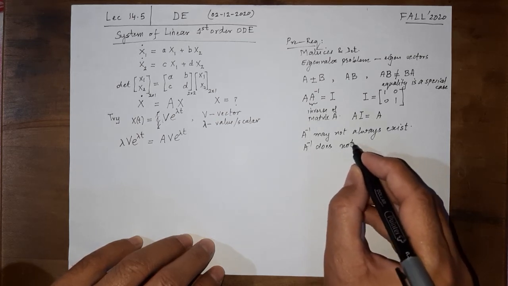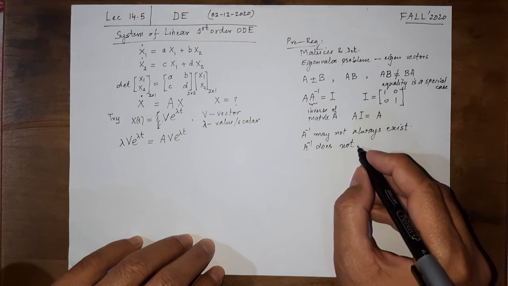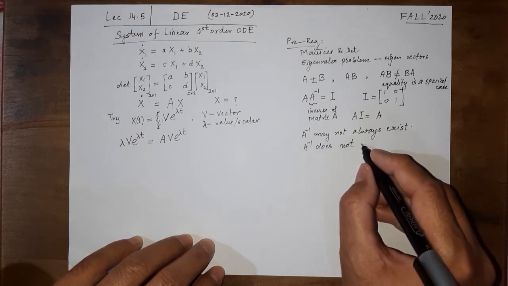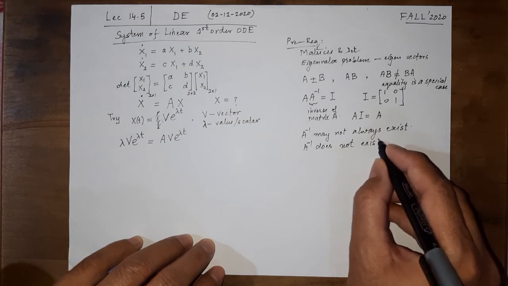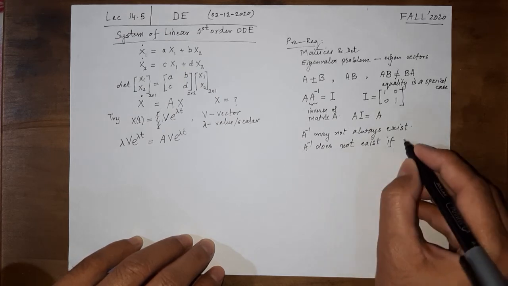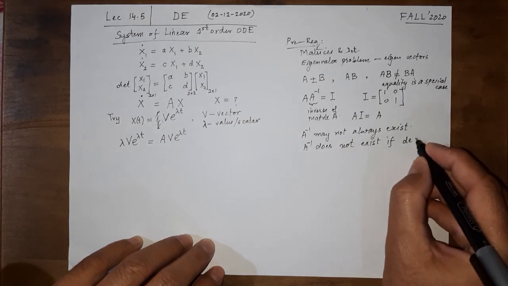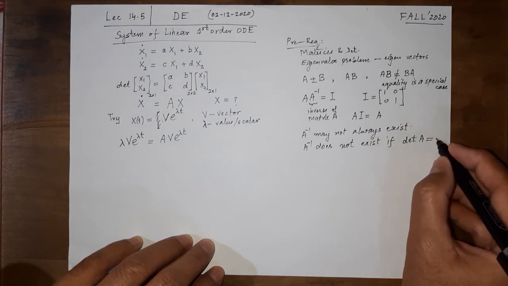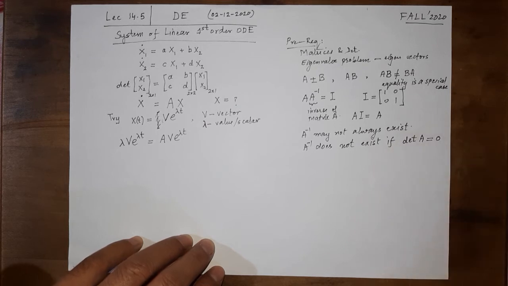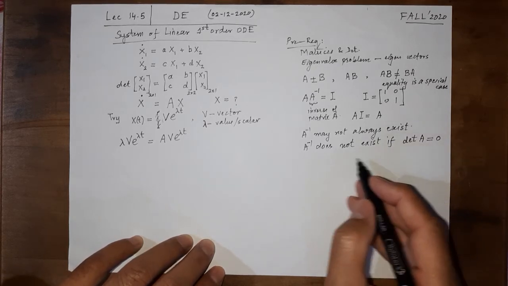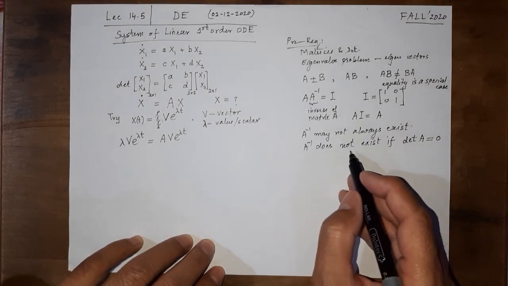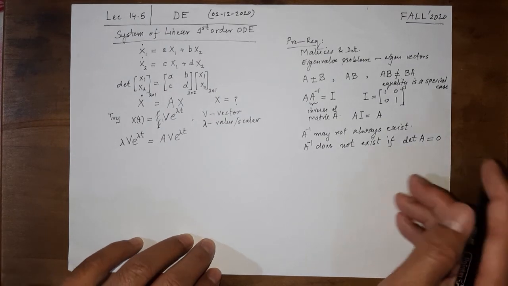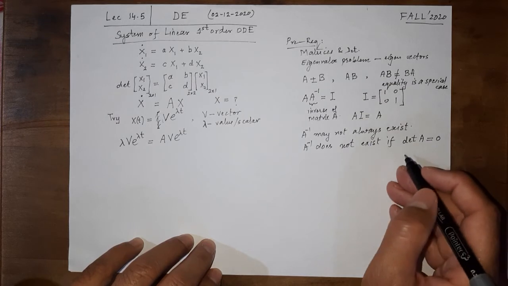You have studied all this in your courses, even in the A levels and FSc. A inverse does not exist if the determinant of the matrix A is 0. Or in other words, A inverse exists only if the determinant of A is not equal to 0. So these are a few things that you should know.